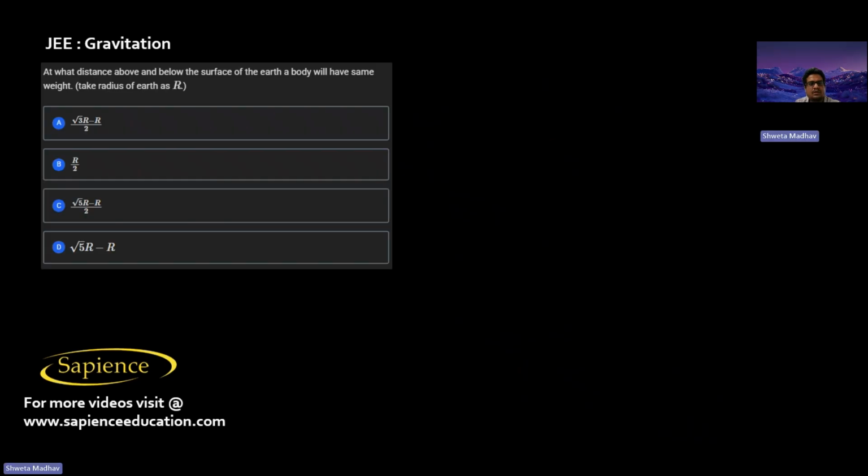At what distance above and below the surface of Earth will a body have the same weight? So it means at a height, the value of g should be the same.